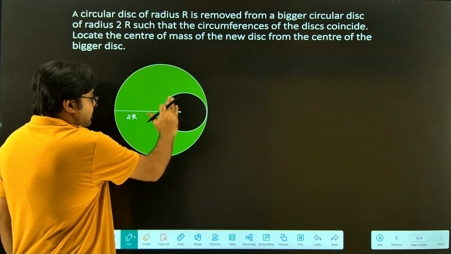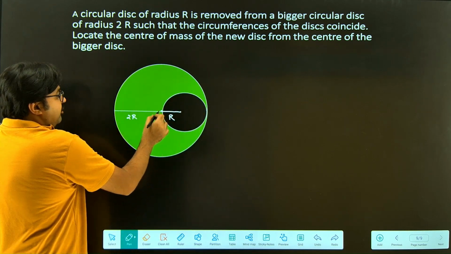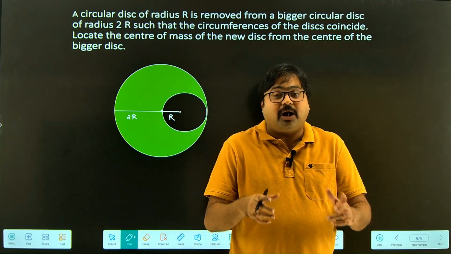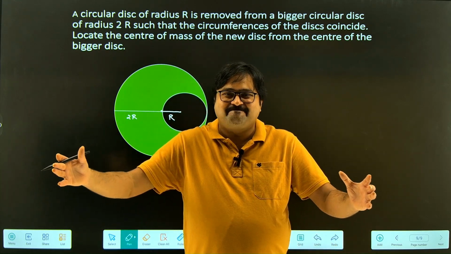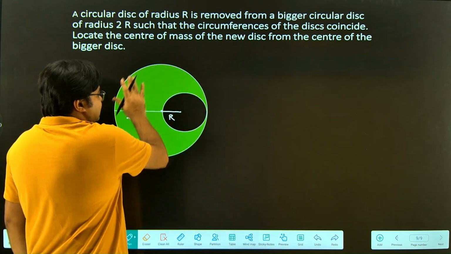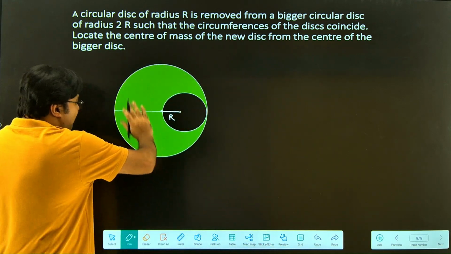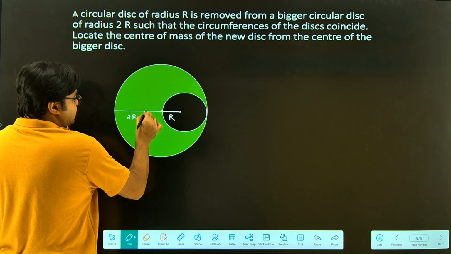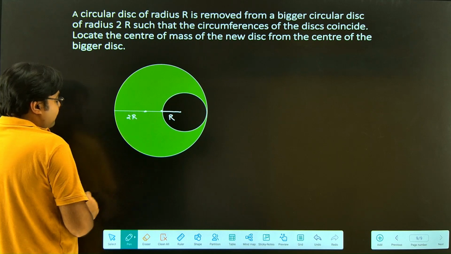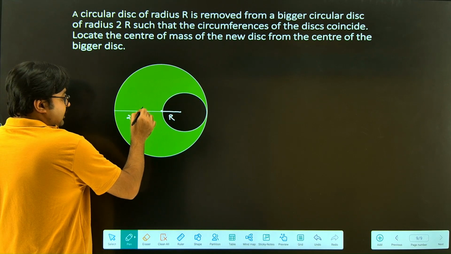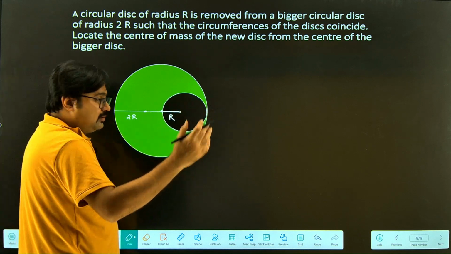So center of mass will shift to the place where the body is more massive. Well, that means this part of the disk is more massive. So the center of mass would shift to this place, somewhere there. Then how do you calculate the center of mass at that point? Quite simple.